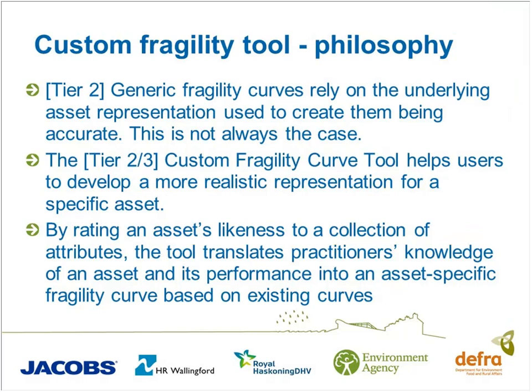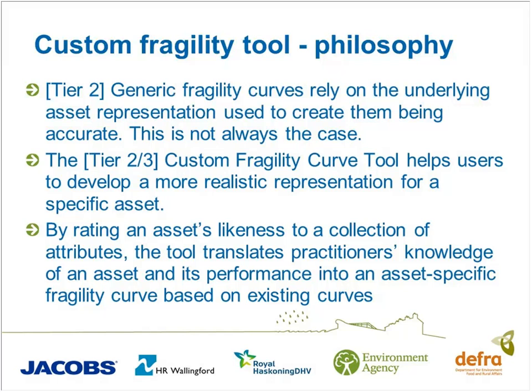And in this particular case, this tool that we're talking about is somewhere between tiers 2 and 3. So the generic fragility curves, which are commonly used in the National Flood Risk Assessment, rely on the underlying asset representation used being accurate, and that's obviously not always the case if the geometry is different or some other aspect of the structure is different.